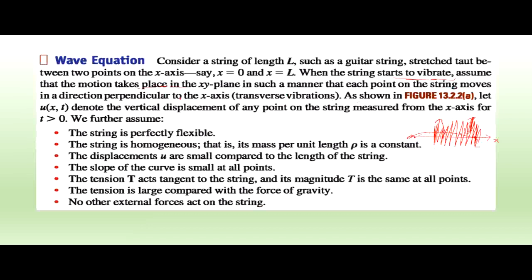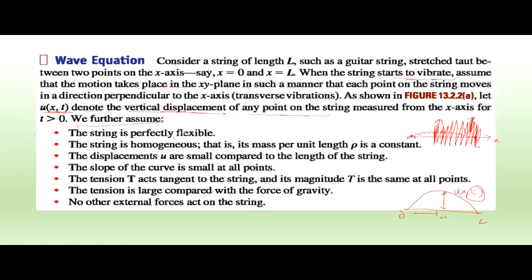Now let u denote the vertical displacement of any point on the string. This is our displacement u of x comma t for any distance x between 0 and L and for any given time t.